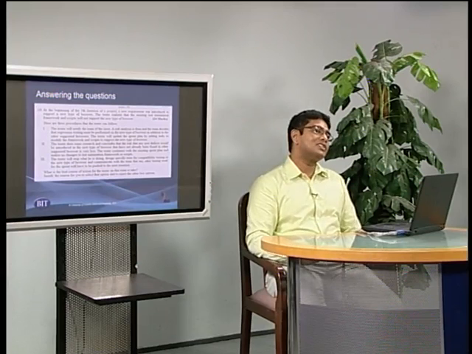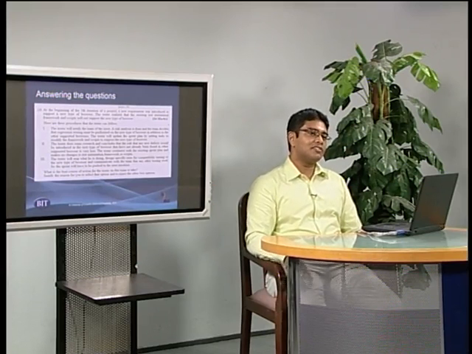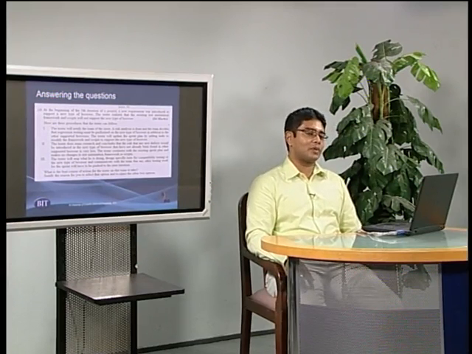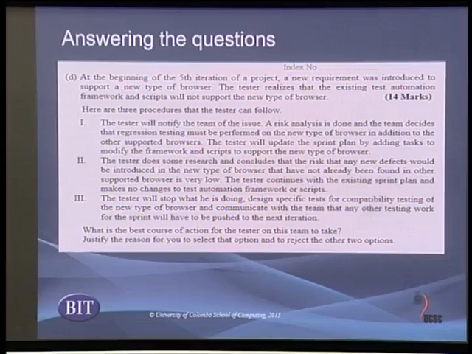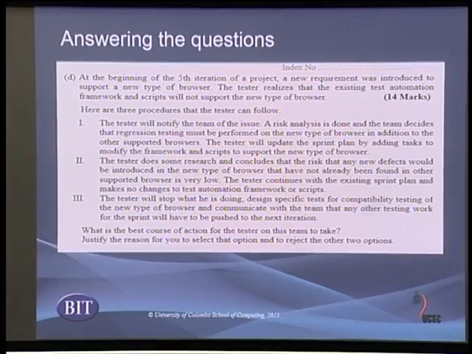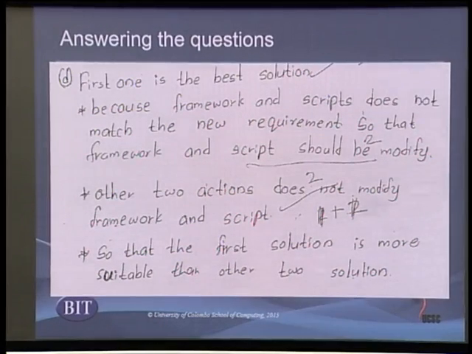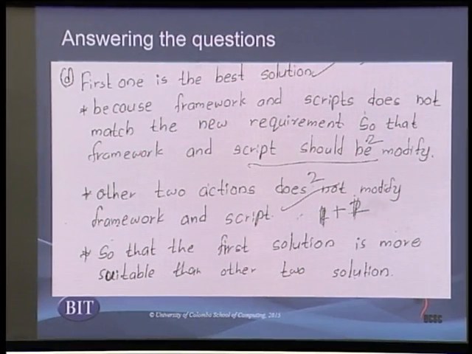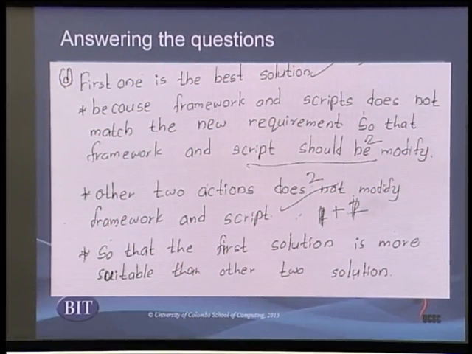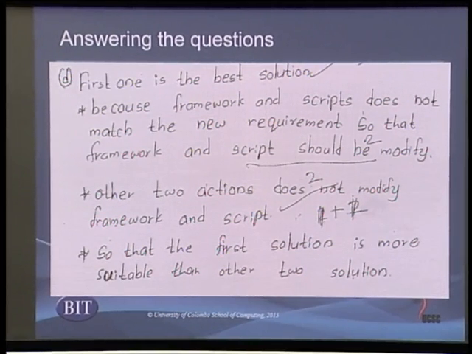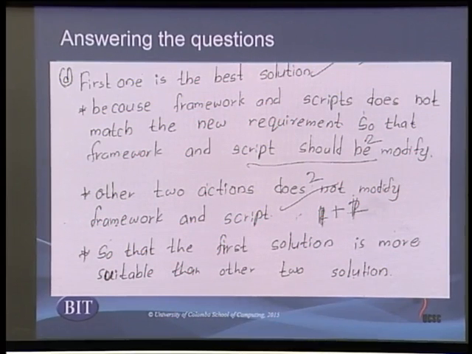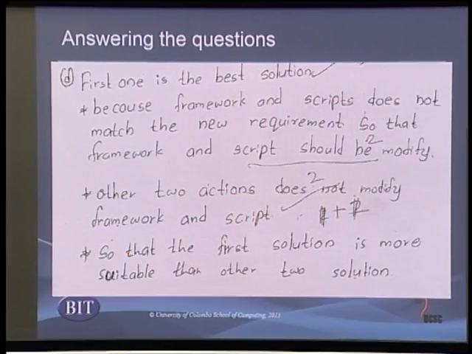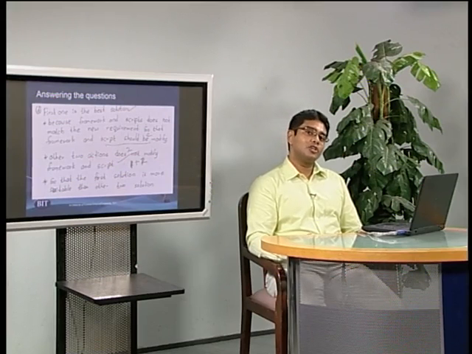So the question has 2 parts. You have to justify the reason for selecting the best procedure, and then you have to say why you rejected the other 2. This is a sample answer given by a student. Yes, he has selected a procedure and he is explaining why that is the best procedure, but the student fails to explain why he has rejected the other 2.